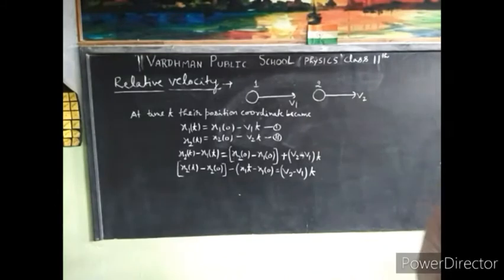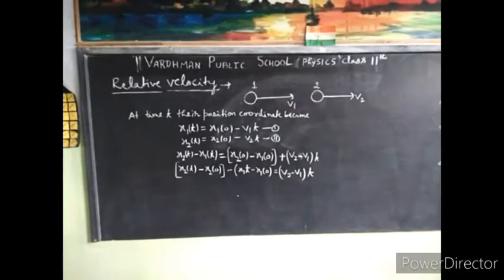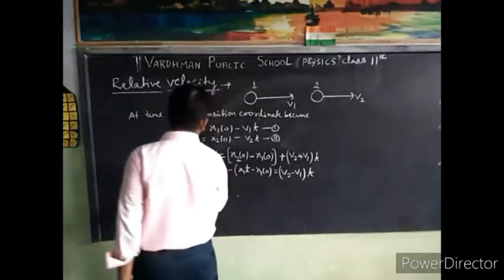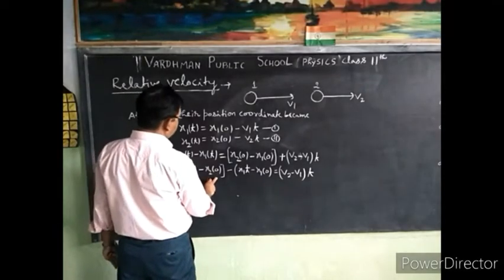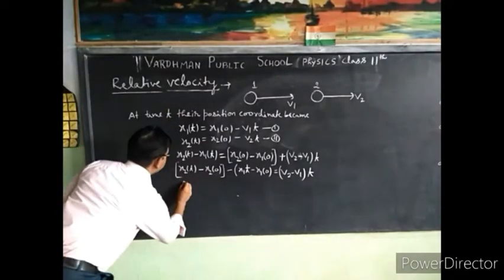Here x2t minus x20 is the displacement of object second in time t, and x1t minus x10 is the displacement of object first in time t.